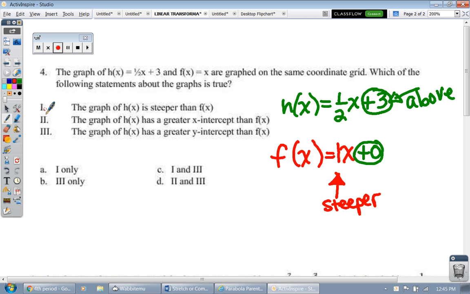So let's see which one of these is true. Look at Roman numeral I. The graph of H is steeper than F. Is that true? No, because we said this one was steeper. Let's jump down to Roman numeral 3. The graph of H has a greater y-intercept. That means it's more above than F. That's true. But what about this x-intercept? So let's graph this here and take a look.